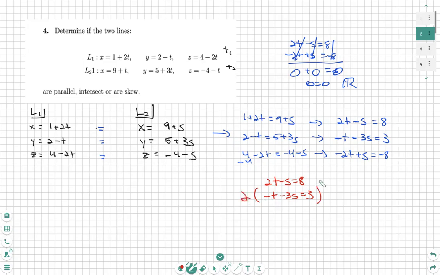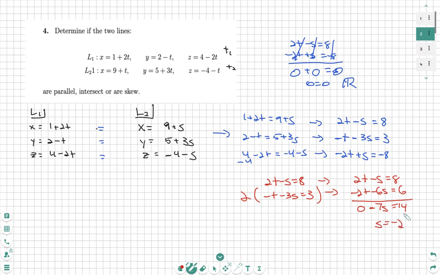I need to multiply the bottom by 2. We rewrite 2t minus s is equal to 8. We have -2t minus 6s is equal to 6. We resolve. So this becomes 0, this becomes -7s, and this becomes 14. And we see that s is equal to -2 in this situation.